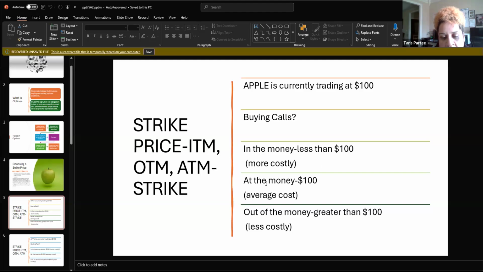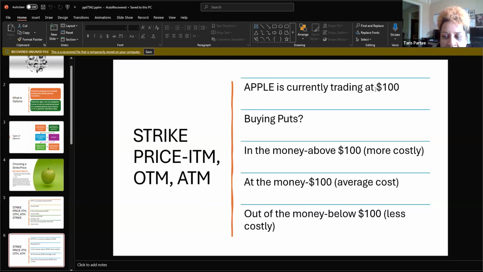At the money is going to be right at $100, because it's trading at $100. Out of the money is going to be greater than $100, because you're trading outside of the price that it's currently trading at. Okay. So that's what those terms mean. When you hear somebody talk about an in the money contract or out of the money contract, now you know what it means.